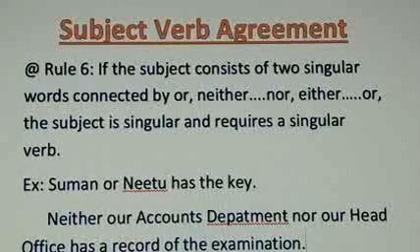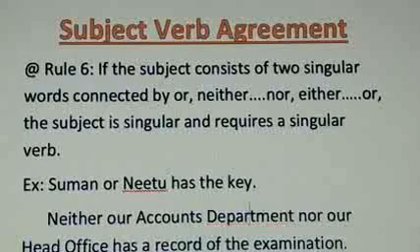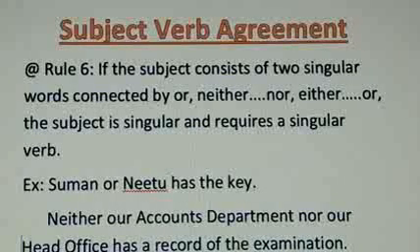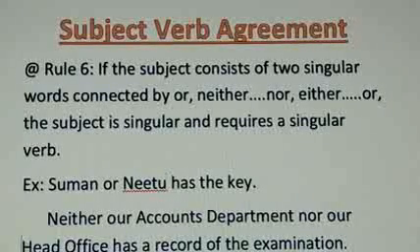Okay. Dear children, you can see in this example that neither our accounts department nor our head office has a record of this examination. In this example, both the accounts department and the head office are singular subjects, and that's why the applied verb has is also singular. Okay. Let's see the other rule.